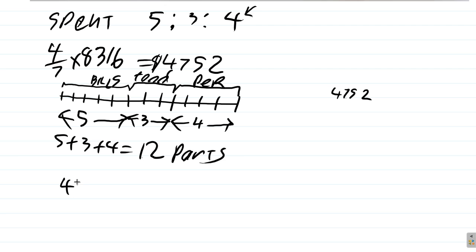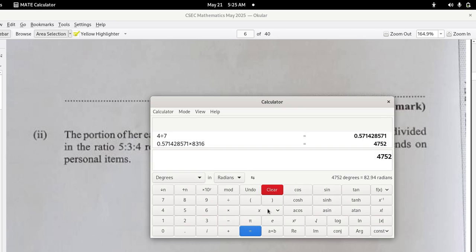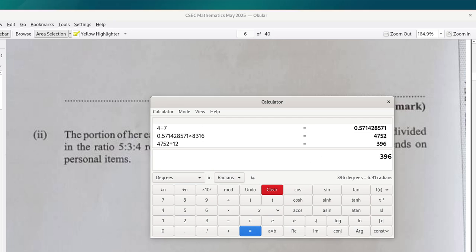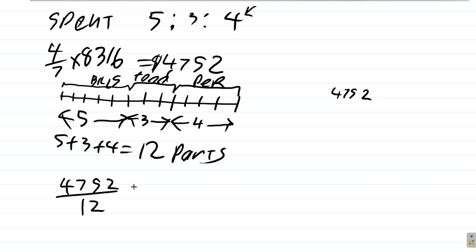You're going to say 4752 divided by 12. That's going to equal 396. So $396 for each part.